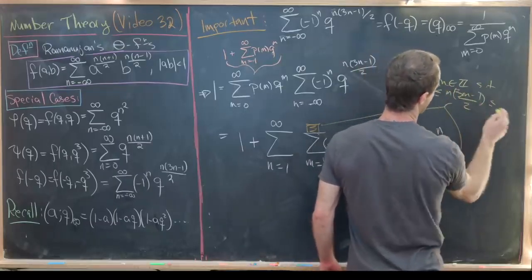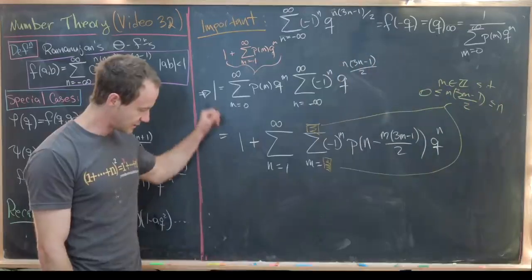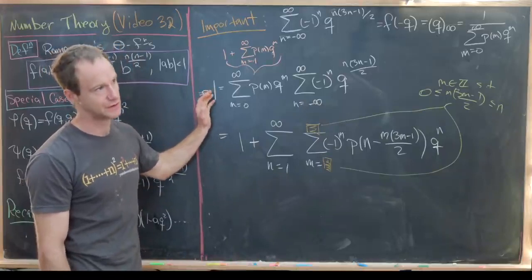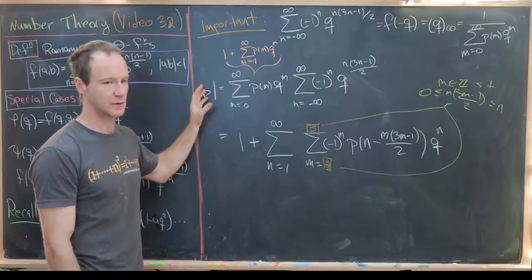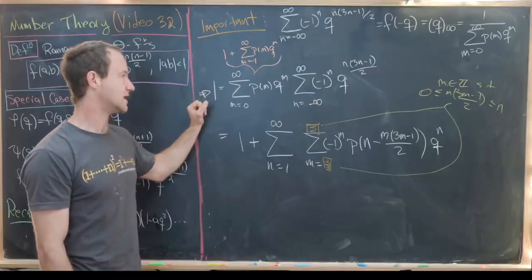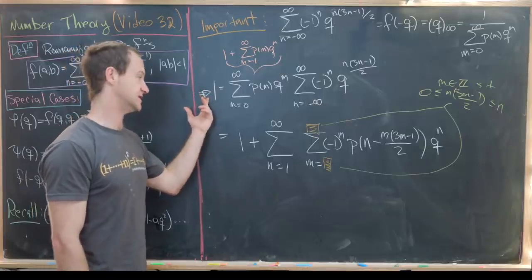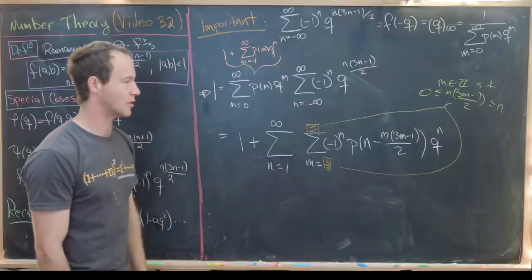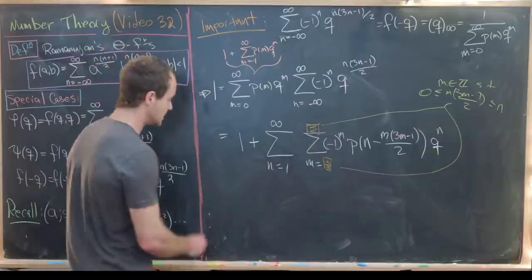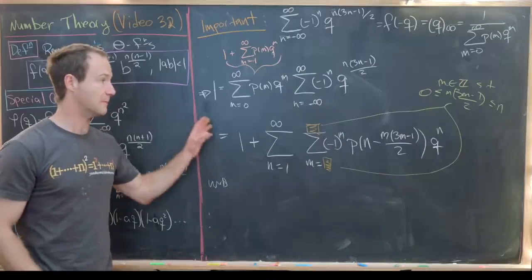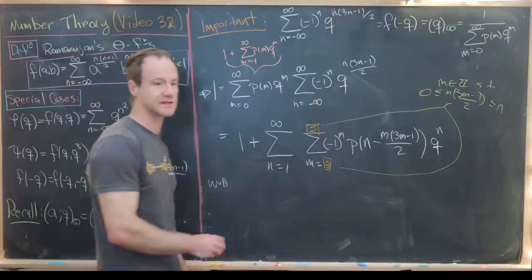Now you might say, well, what are the bounds of this sum? The bounds of this sum are all integers m such that m times 3m minus 1 over 2 is between 0 and n. Let's notice on the left-hand side, there's no q. There's just 1 plus 0 times q to the 1 plus 0 times q squared, and so on. So every non-zero power of q has coefficient 0. That means the same thing must hold over on the right-hand side. So extracting the nth power of q from both sides of this equation will give us the following.